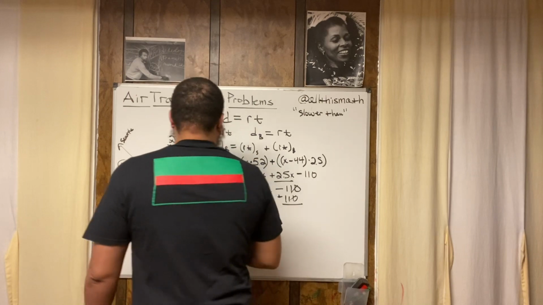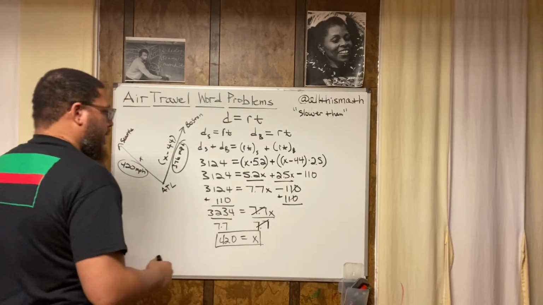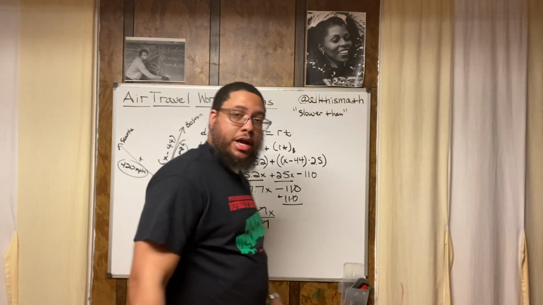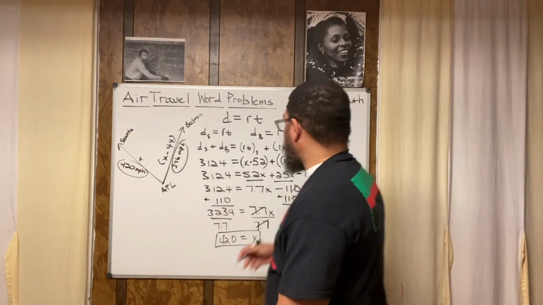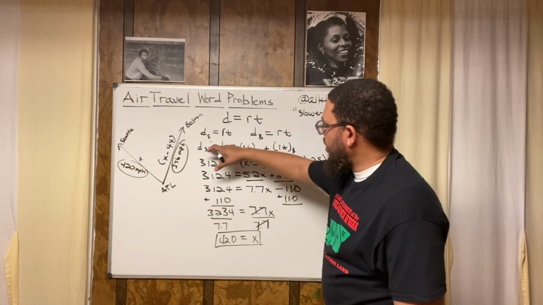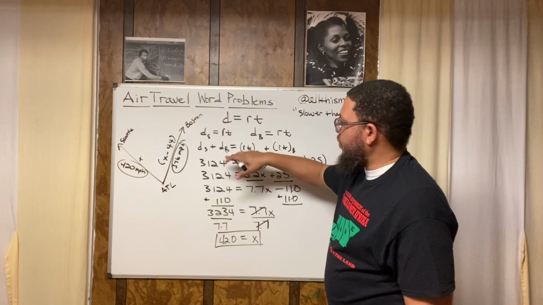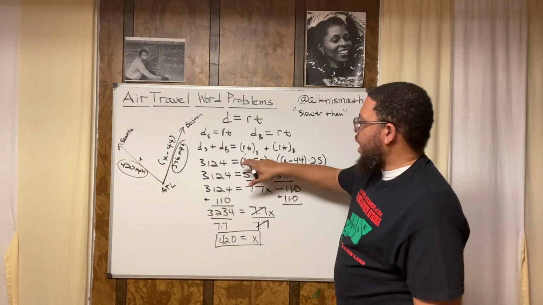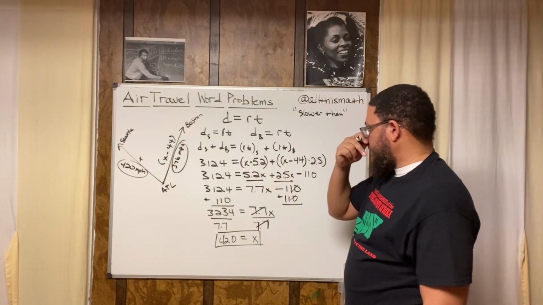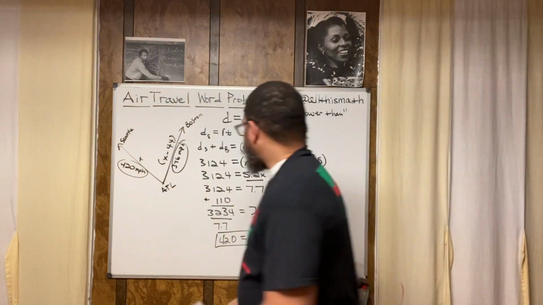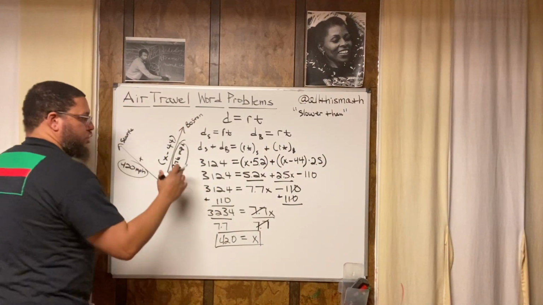Now, how do I prove it? I prove it by going back to this right here, and I replace all the numbers, because before I didn't know what x was, but now I do. So now I want to see if this is a true statement.